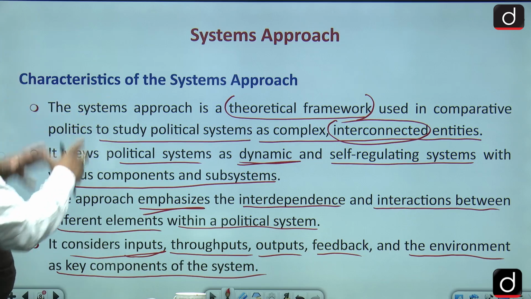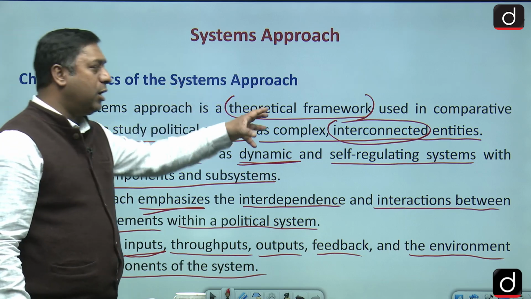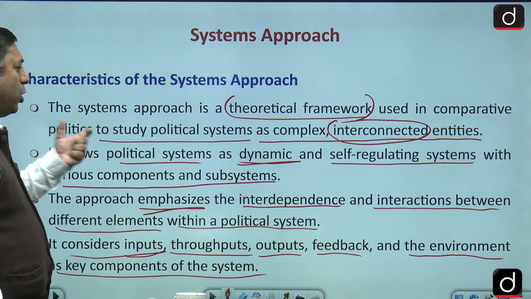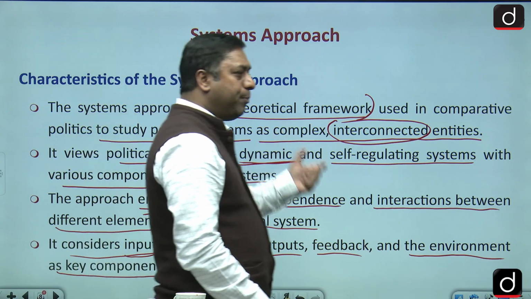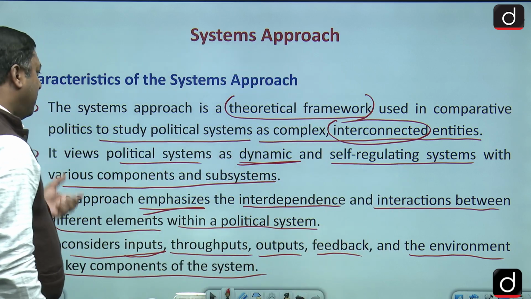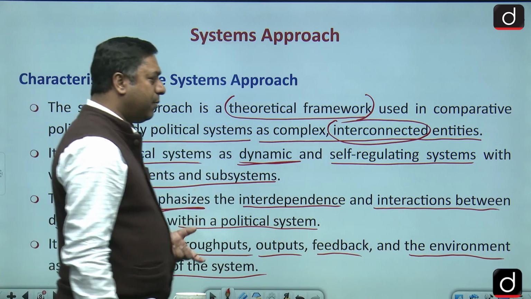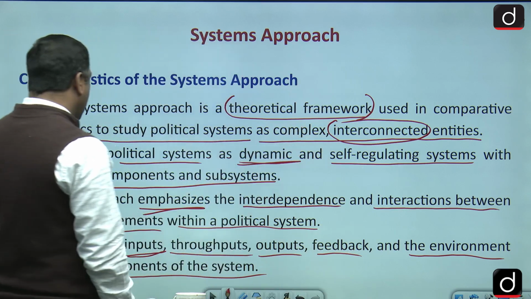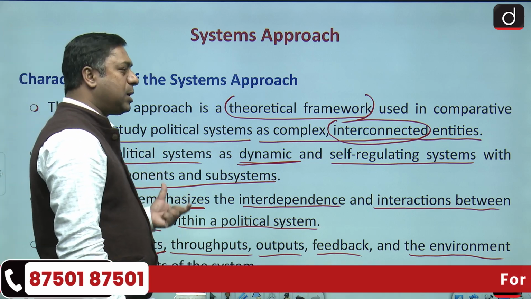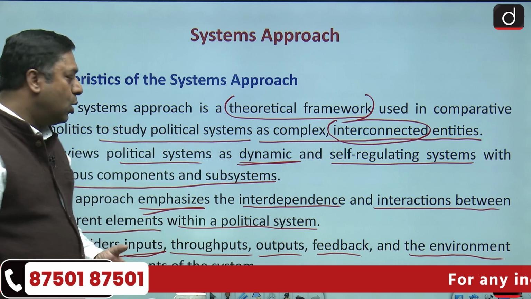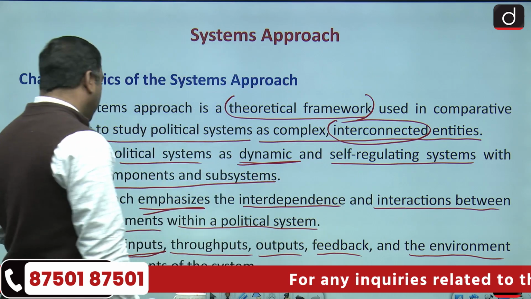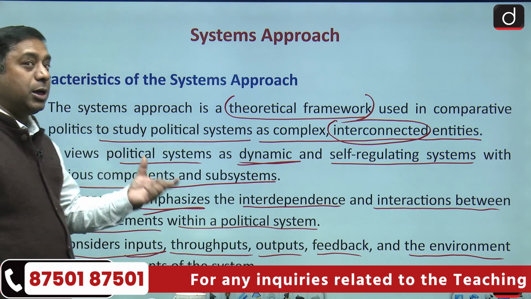So the systems approach is basically a theoretical framework. Theoretical framework of what? Of the political system, which is complex, interconnected entities. Plus, this political system is dynamic, self-regulating with a lot of components and subsystems. The systems approach also emphasizes the interdependence and interactions between different elements within a political system.